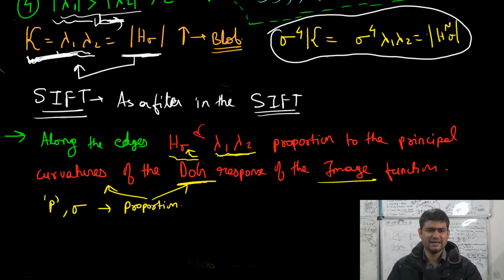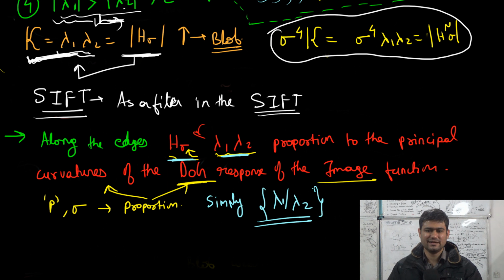So we can simply analyze the eigenvalues of this Hessian matrix to determine if a particular candidate pixel coordinate p indicates a blob or an edge in an image. We can do this by simply checking the ratio of the eigenvalues.